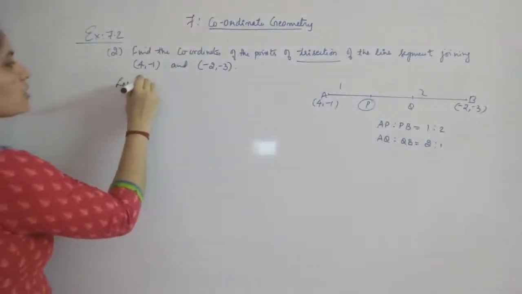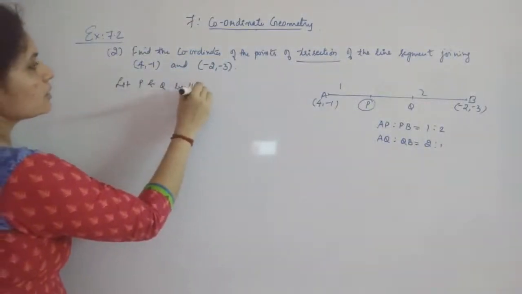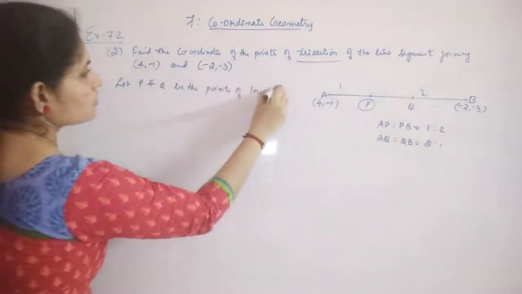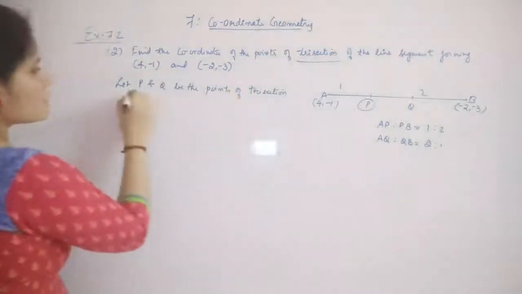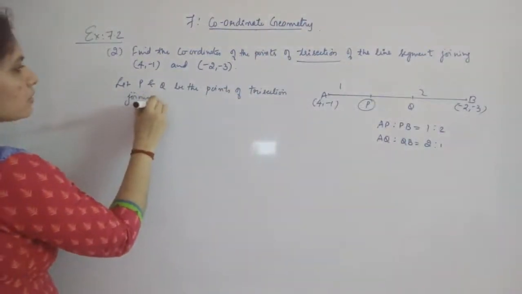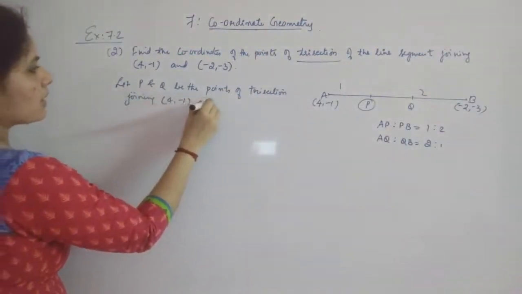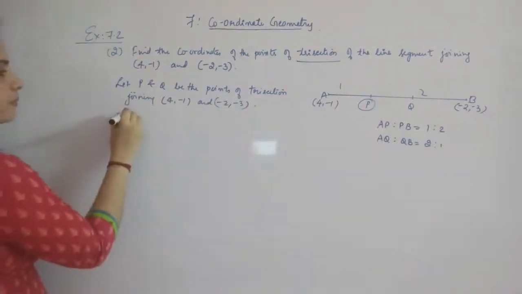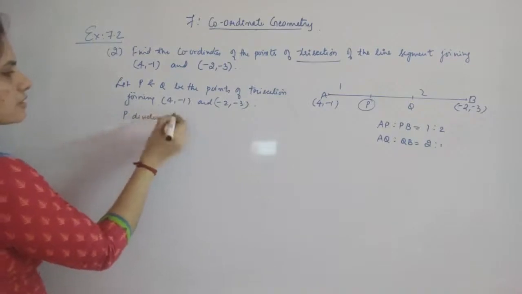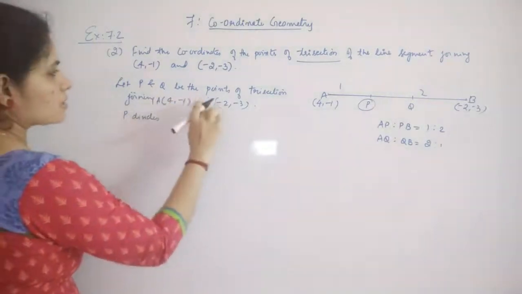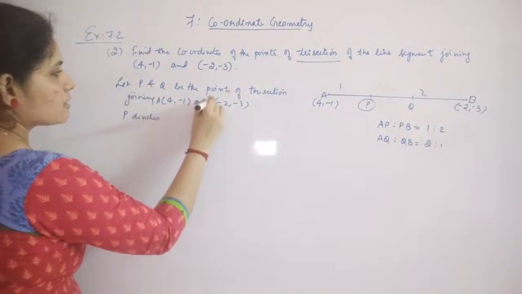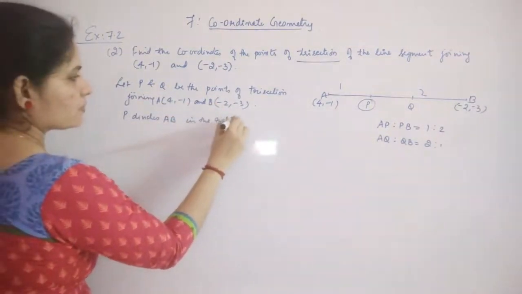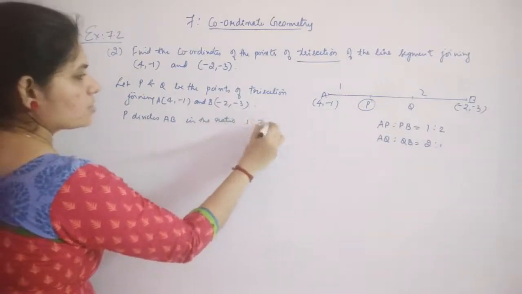So, let P and Q be the points of trisection of the line segment joining 4, -1 and -2, -3. Now, suppose this is A and this is B, you can easily write: P divides AB in the ratio 1:2.